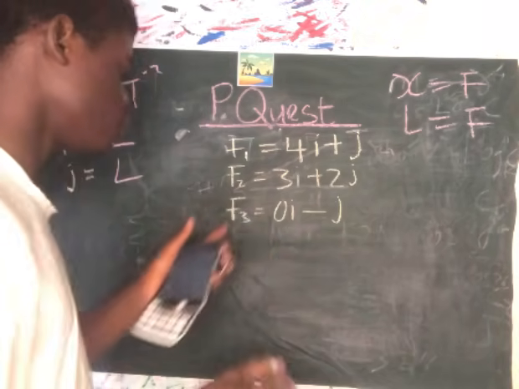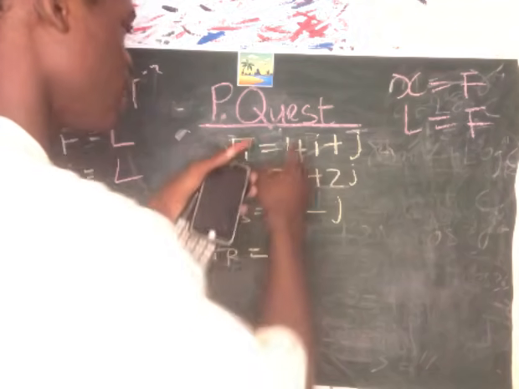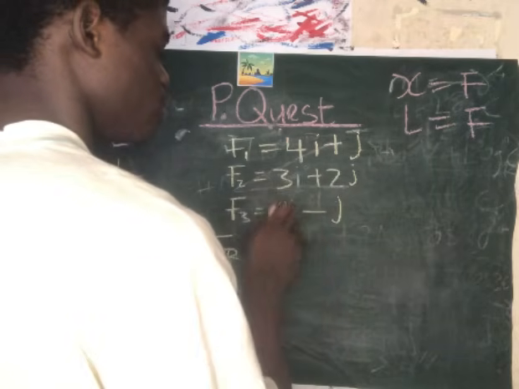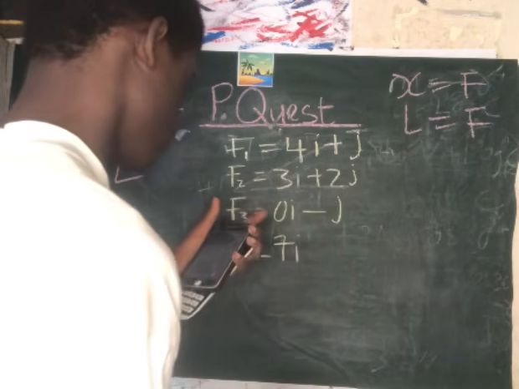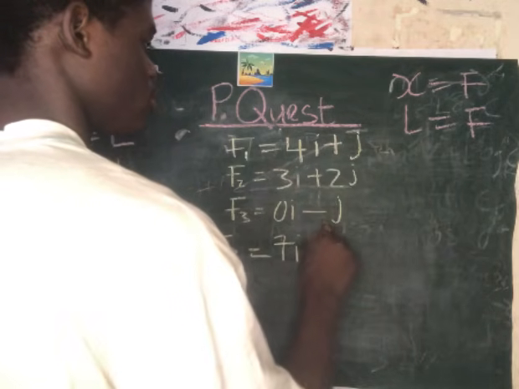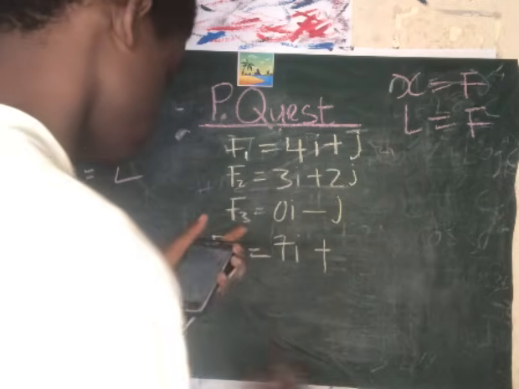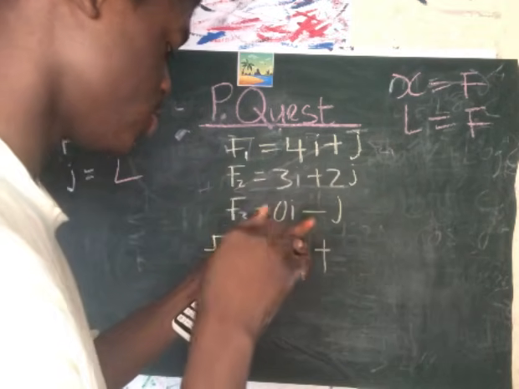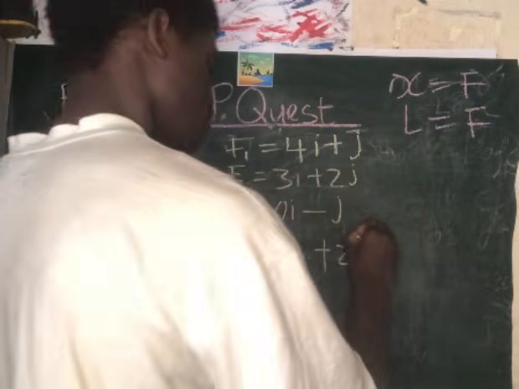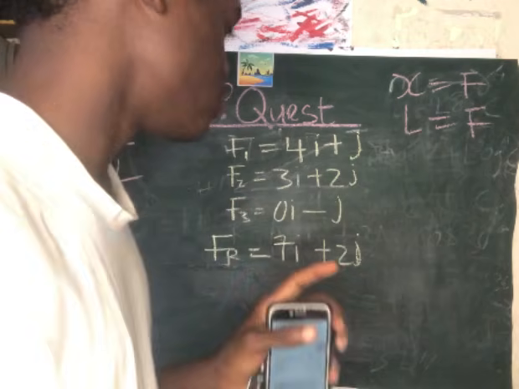The first thing we do for the resultant is add everything together. If you add this and this, you get 7i. That's 4i plus 3i plus 0, that's 7i. For j, that will be 1 plus 2 minus 1. That's 3 minus 1, that's 2j. That's 7i plus 2j.